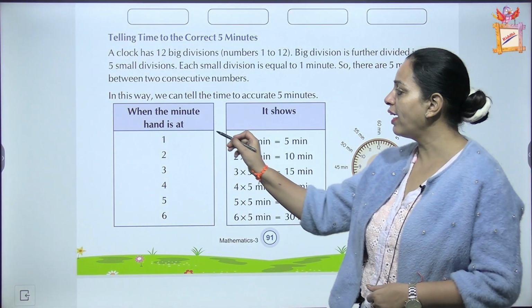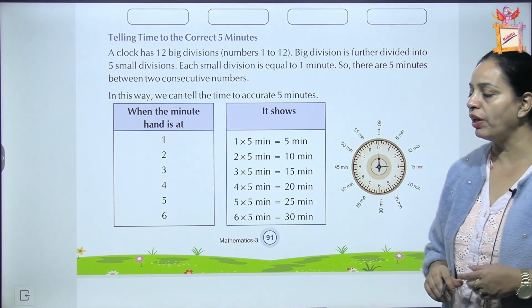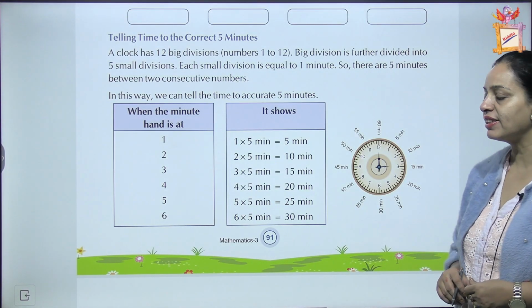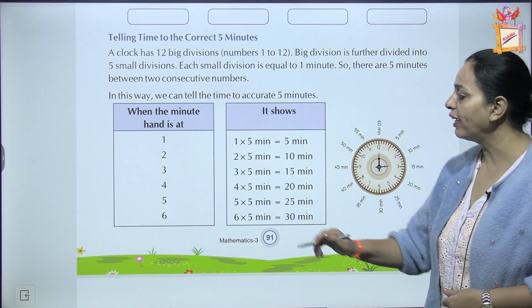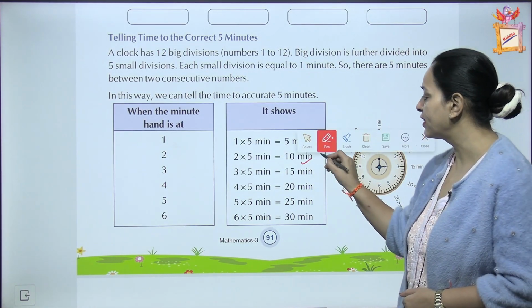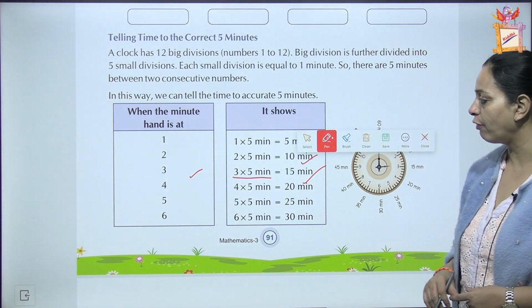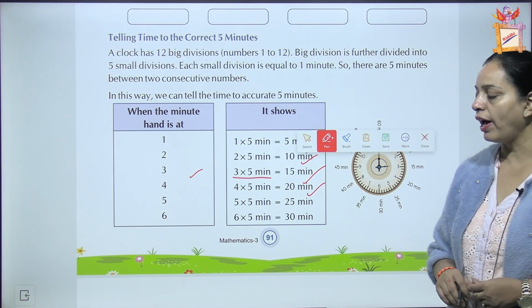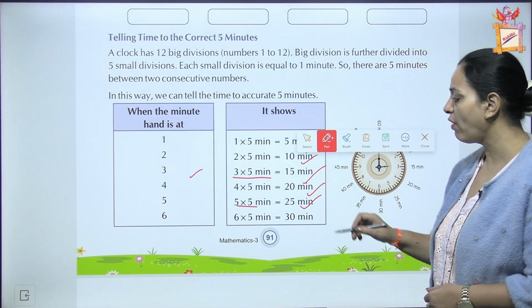So when the minute hand is at 1, we can say 1 into 5, 5 minutes. When the minute hand is at 2, 2 into 5, 10 minutes. At 3, 3 into 5, 15 minutes. At 4, 4 into 5, 20 minutes. At 5, 5 into 5, 25 minutes.